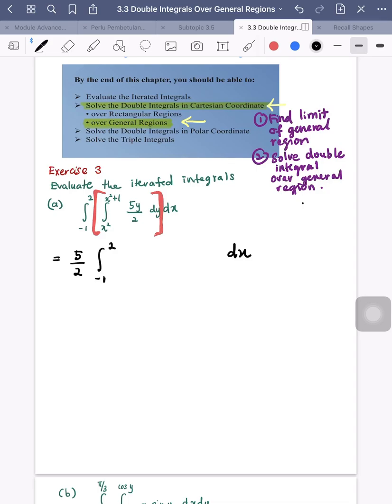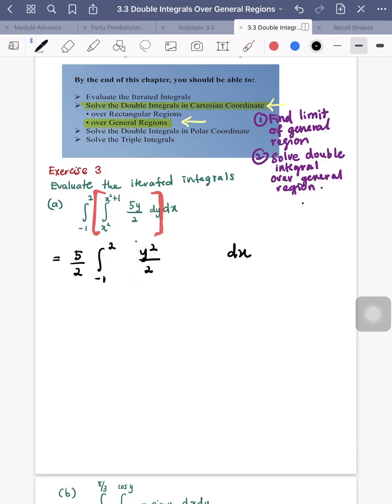Inside, I want to integrate with respect to y. So here we have y, and the answer will be y squared over 2. Integrate y, you get y squared over 2. The 5/2 I already took out.